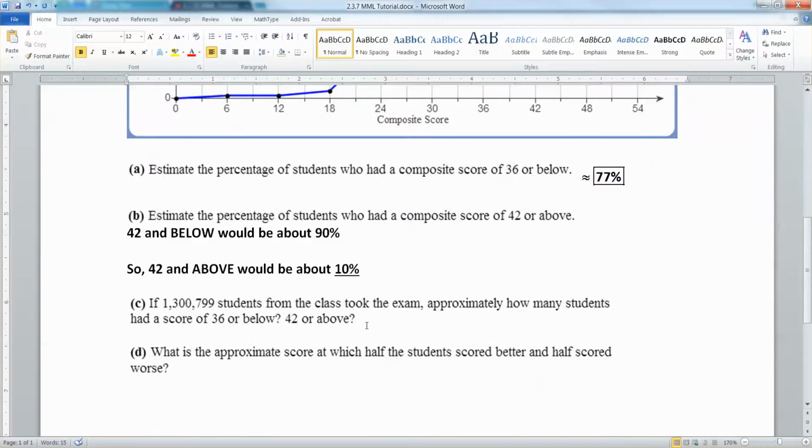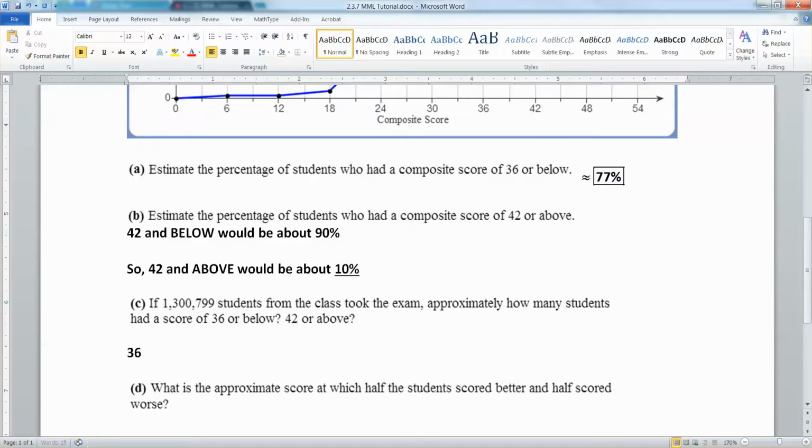All right, now, if 1,300,799 students from the class took that exam, how many students approximately had a score of 36 or below, 42 or above? For this, you're going to take your percentages that you already found, and you're going to multiply them by how many students there are. So for 36 or below, you take 0.77 and multiply it by 1,300,799.